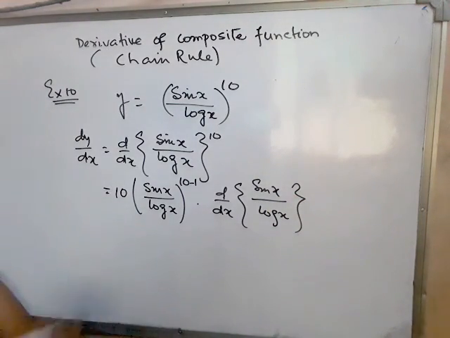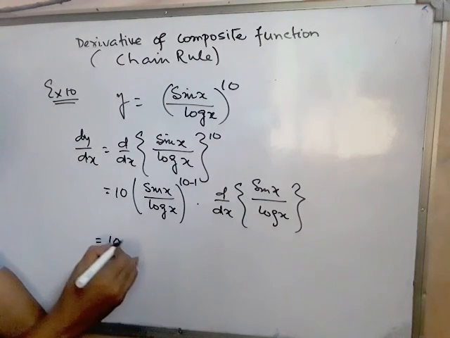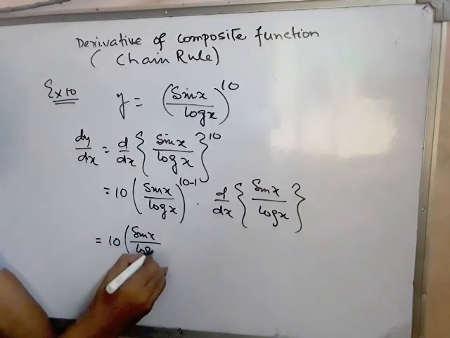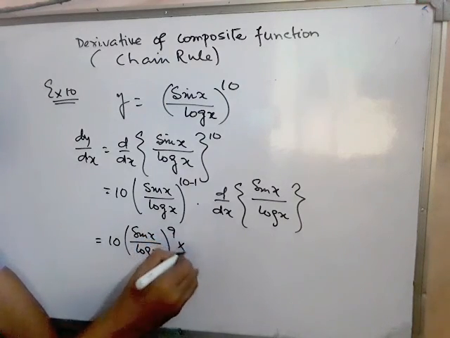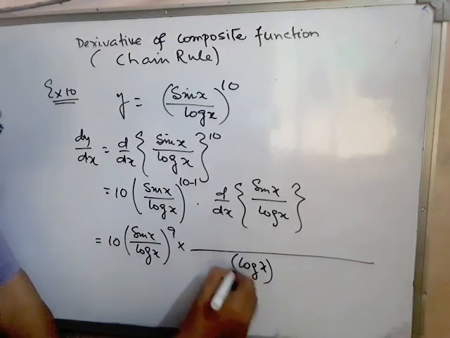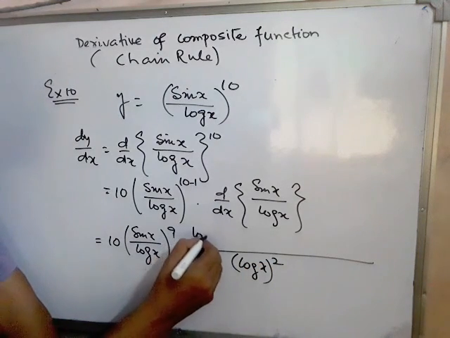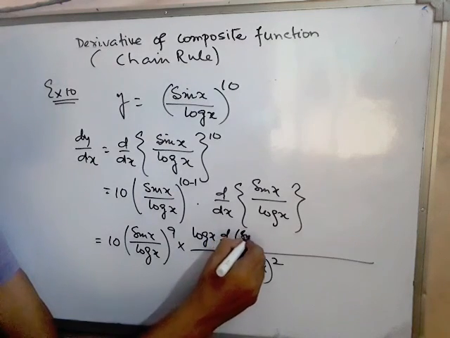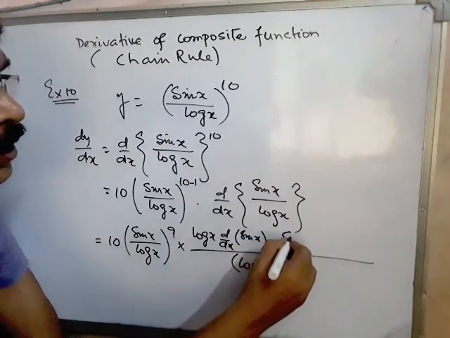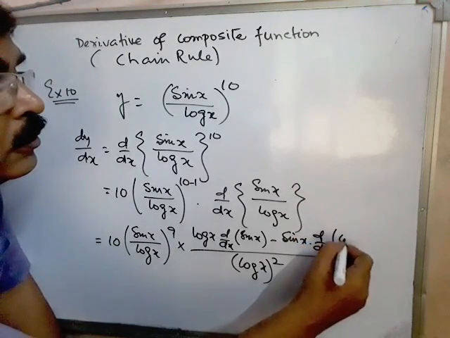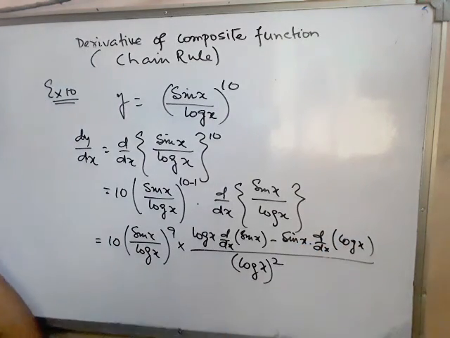So what we will get: 10 (sin x by log x) to the power 9 and here (log x) whole square in the denominator, log x into derivative of sin x minus sin x into derivative of log x.